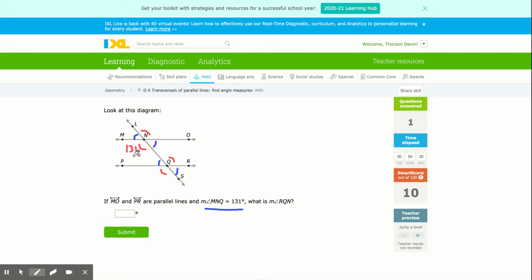This is just like the last one because then the blue one's 49. And then find out which angle it's actually asking for, RQN. So RQN, it's going to be the red angle because I'm going through R, turn at Q, and go out to N. It's this red angle here, which is a 131 degree angle.